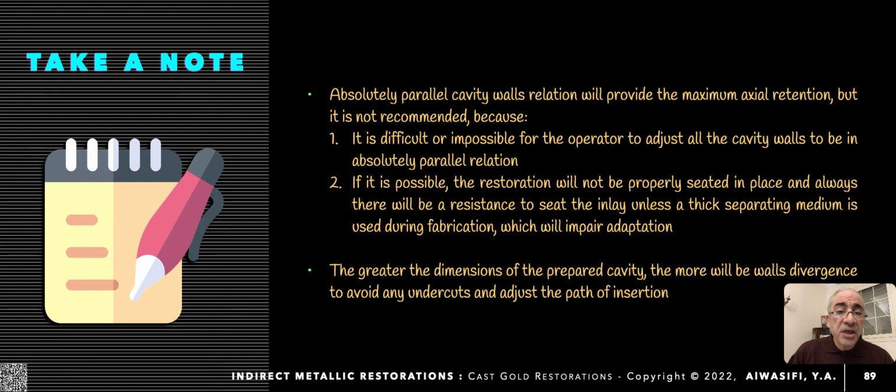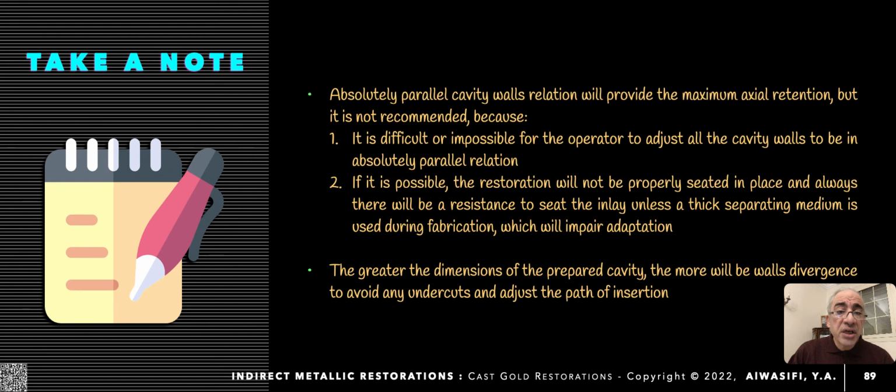At the same time, if you prepare it absolutely parallel, you have one solution to reduce this frictional force that may not seat the restoration or may fragment your tooth. It is by adding multiple coats and creating a larger gap between the fitting surface of the restoration and the cavity walls to relieve this pressure.